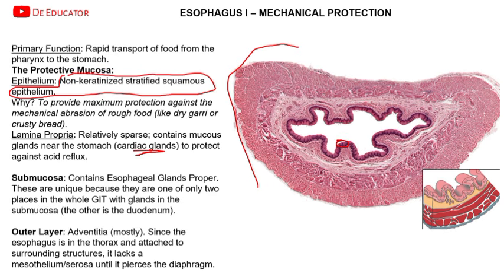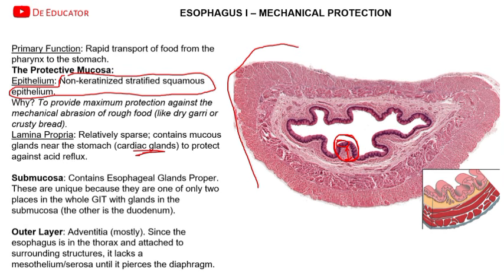Then if you look closely from here down to this place, you have your lamina propria. This is your epithelium, which I circled, and then you have this arrow to be your lamina propria. So everything here represents the mucosa.